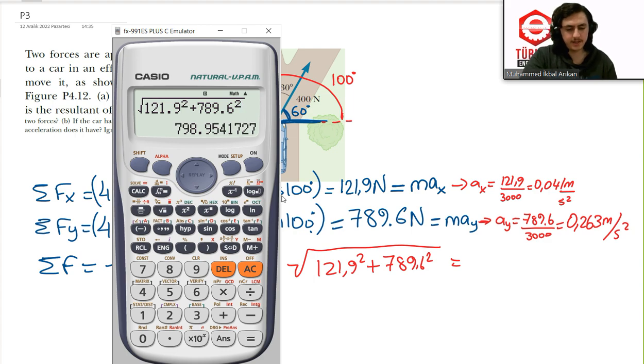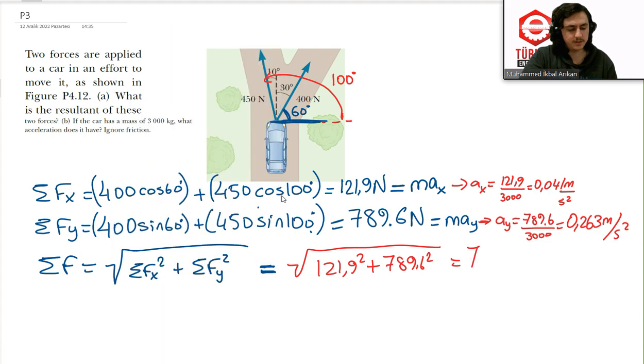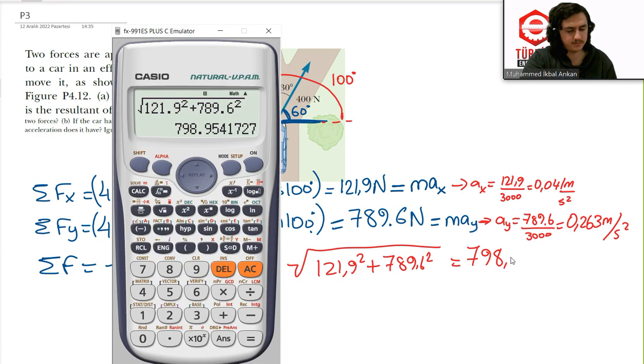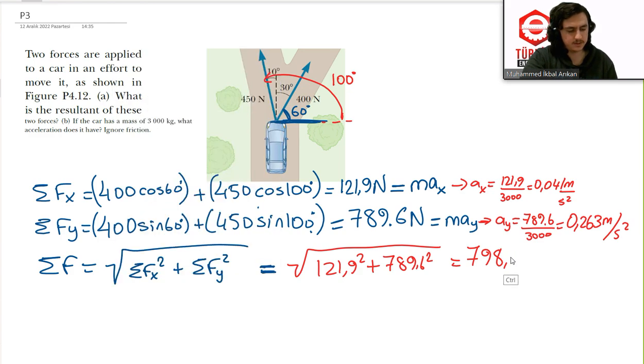So you will get just 798 point what, we can round it to 799 newtons. What about the resultant acceleration?